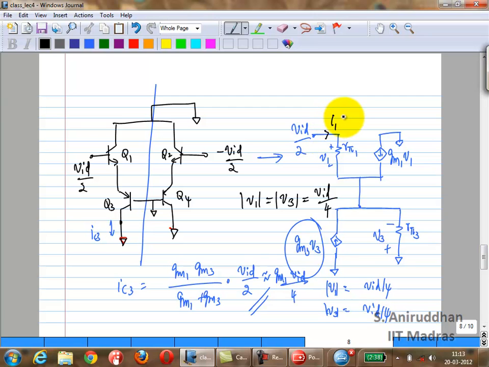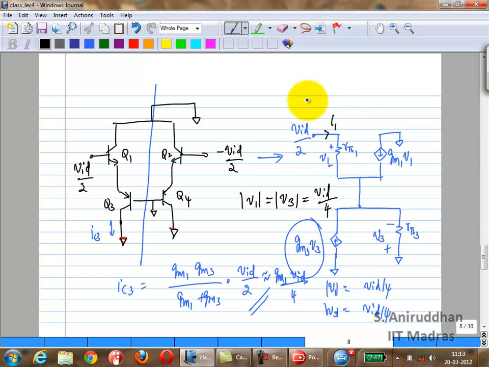You need to calculate this current. Can you find out what that current is? What is it? V1 by R pi 1. So can you calculate what it is? You already know V1, right? So what is our input impedance here?